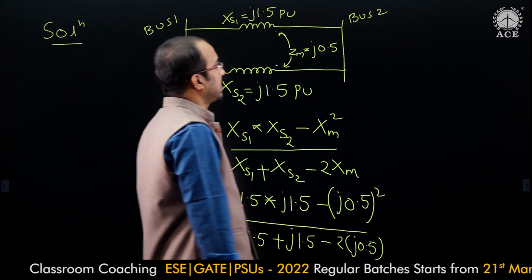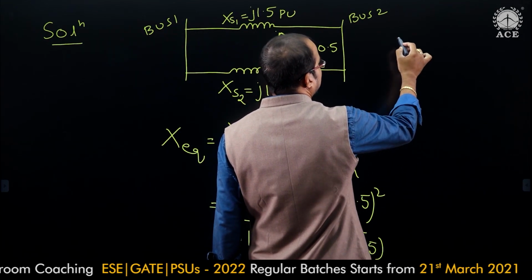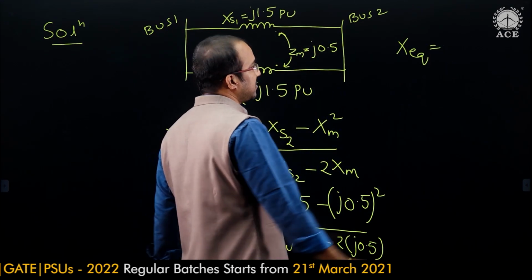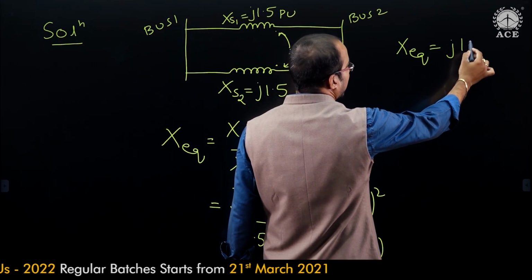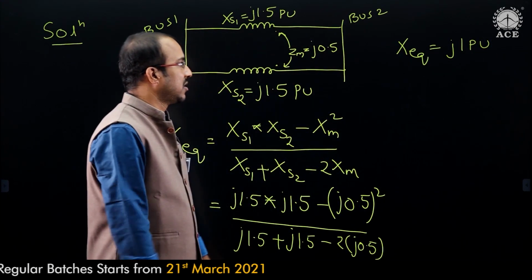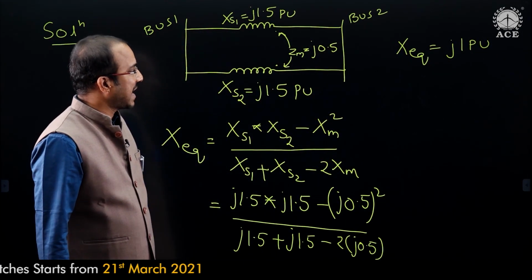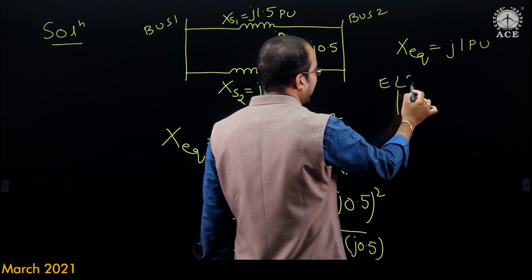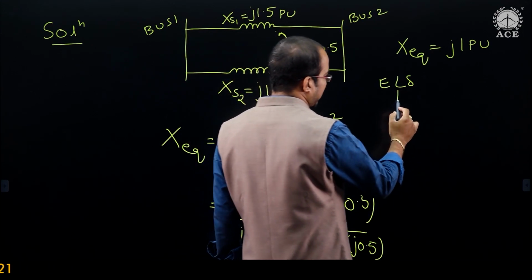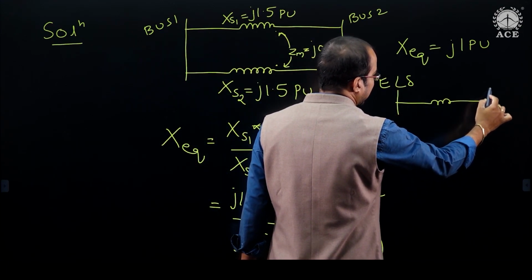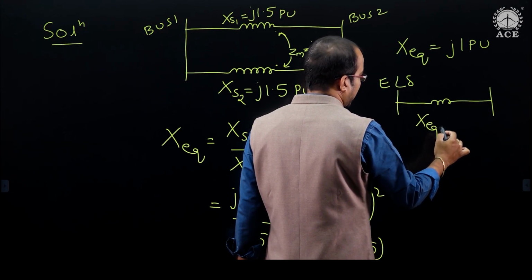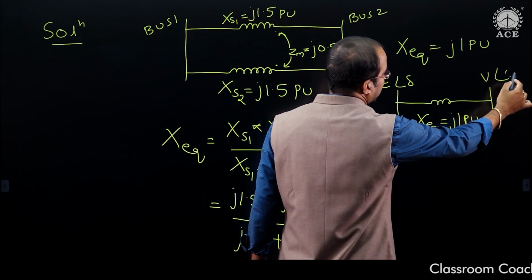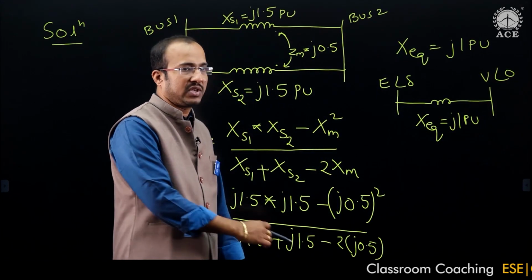If you simplify this, the equivalent reactance X equivalent we will get as J1 per unit. So, once you know the equivalent reactance between the buses, this is bus 1, E at an angle of delta is the voltage at bus 1, the equivalent reactance is J1 per unit, and bus 2 voltage is V at an angle of 0.